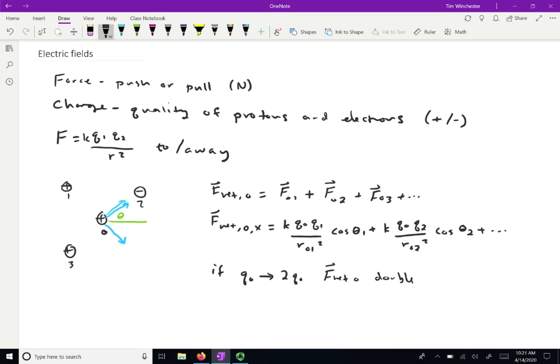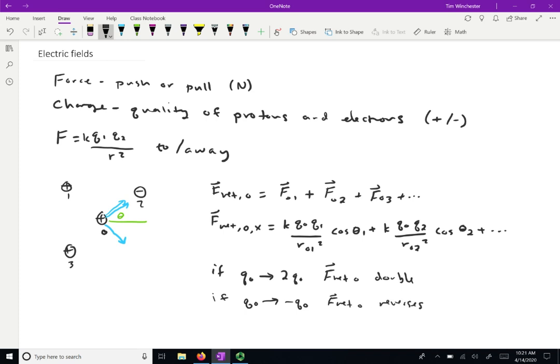Okay, and similarly, if we took charge 0 and we made it negative, then the F net on charge 0 reverses.